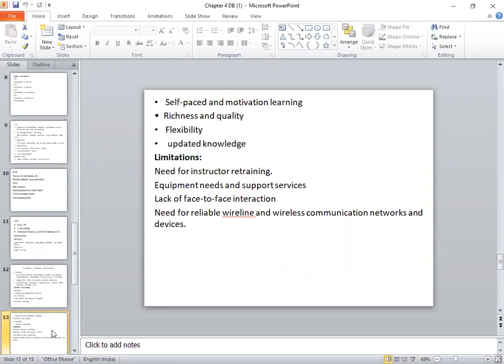In a physical class, I get a glance at the student's face and understand whether they have understood, or what the mood of the student is. That is not the case in the e-learning mode. Also, there is a need for reliable wireline and wireless communication networks. So again, infrastructure facility should be provided. If it is not available, then there is a problem for this e-learning aspect.